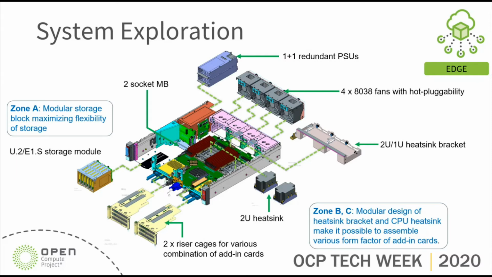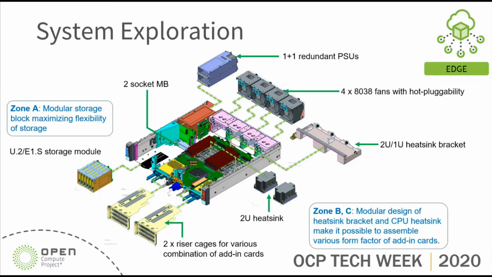In the middle, it is a two-socket motherboard, and in the rear end, there are 1+1 redundant power supplies and 4 pieces of 80 millimeter form factor fans. And we designed a 2U and a 1U heatsink bracket. So right now here it shows the 2U heatsink. Actually, when you install the double wide PCIe slot, it will be designed with the 1U heatsink separately.